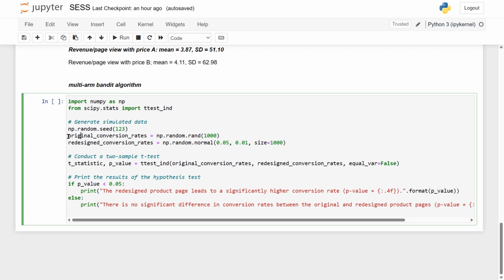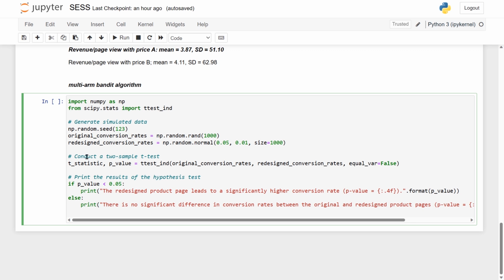So here original_conversion_rates, that's the first variable, and redesigned_conversion_rates. Okay, these are the data from version A or standard treatment. So that's what this is, original conversion rates and redesigned conversion rates.